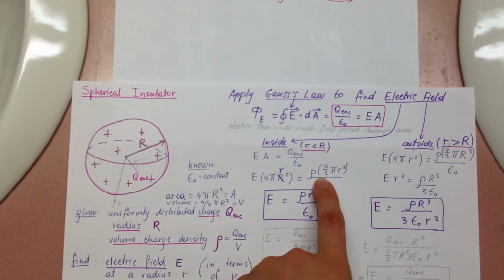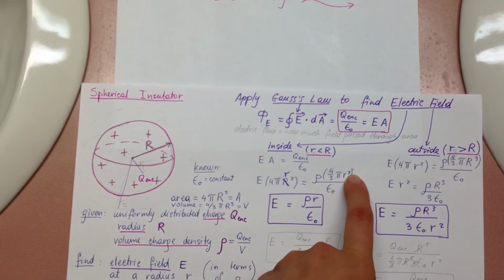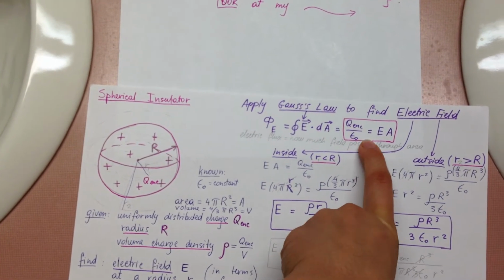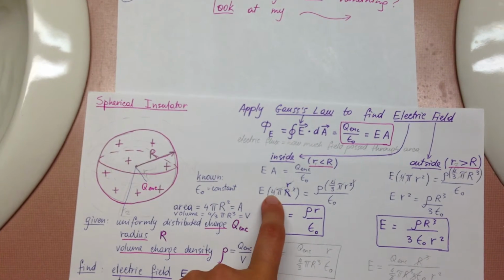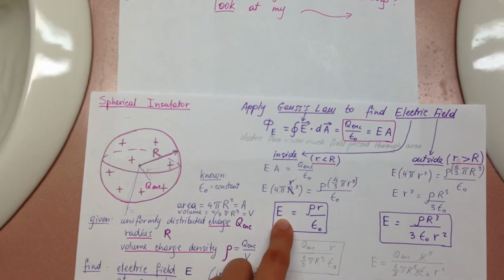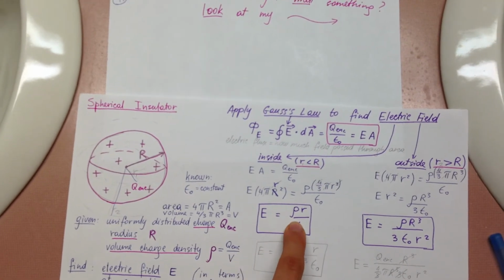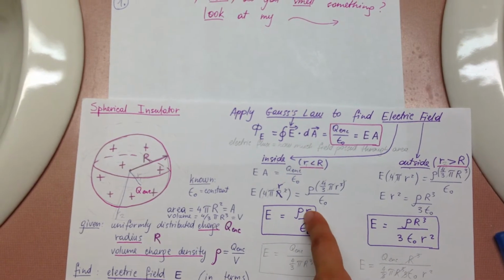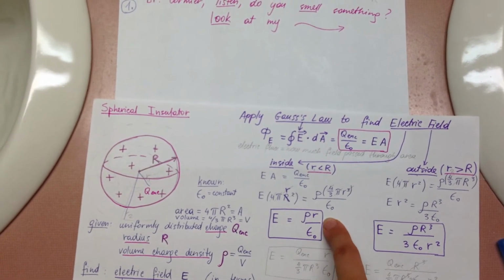So it's just rho times 4/3 pi r cubed, which is the volume of a sphere, divided by epsilon naught. Simplifying 4 pi r squared, little r by the way, we get the electric field to be the volume charge density rho times the little radius, whatever we're looking at, which is going to be inside by the way, over epsilon naught.